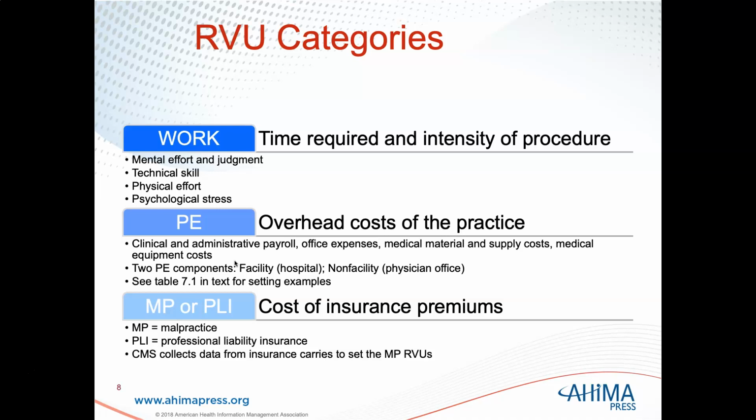You've got your work RVU times your work GPCI, your practice expense RVU times your practice expense GPCI, and then your PLI RVU times your PLI GPCI. And then you multiply that against a conversion factor, and that gives you your payment modifier, and that ends up being the adjusted fee schedule payment rate.